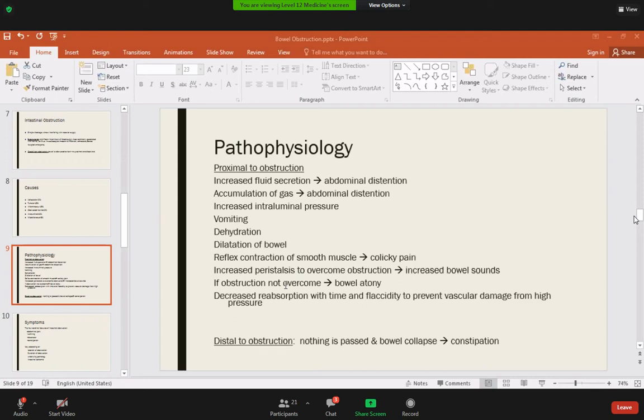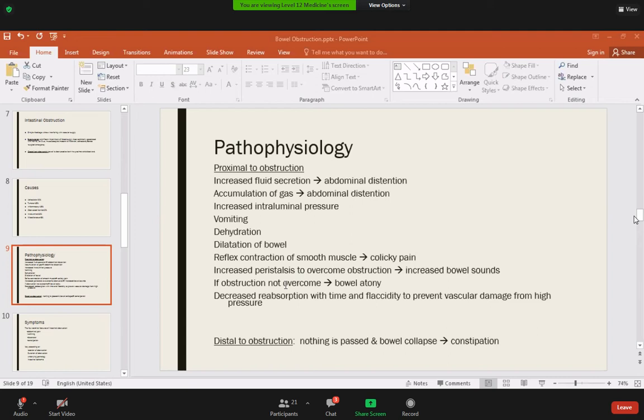This distension increases the intraluminal pressure proximal to that loop. All this is happening proximal to the obstruction. So when there is too much intraluminal pressure proximal to that segment, it will cause vomiting.